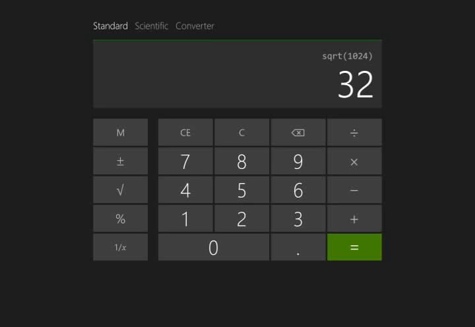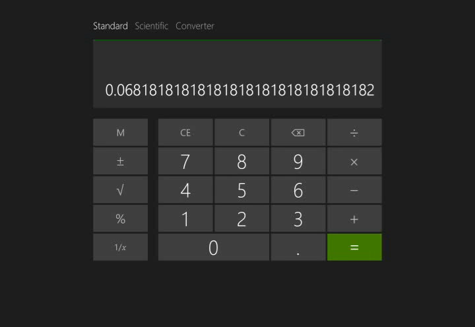What was it? 3 over 44? That's going to repeat 81818181. Because they're rounding, they ran out of digit places, so they're rounding the 1 to 2 because there was an 8 next.